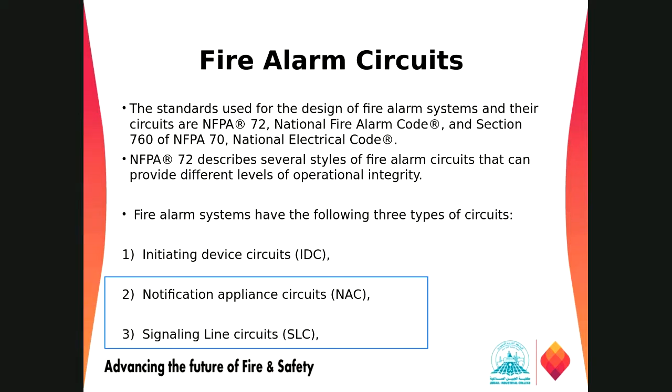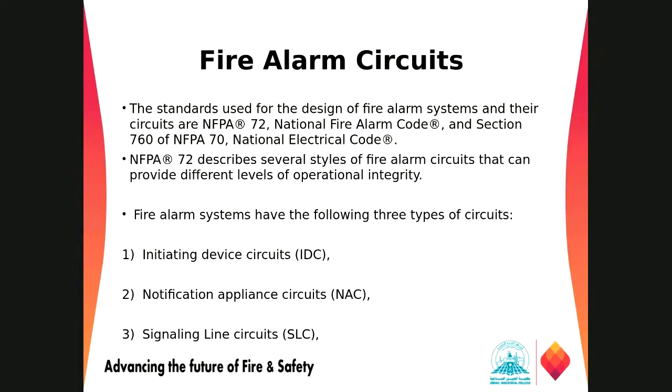You know, there are three types of fire alarm control panels. The most basic is the conventional one, the old style. After that, we have the addressable one, and the last one is the addressable intelligent system. So let's say this is our conventional one, the old style.